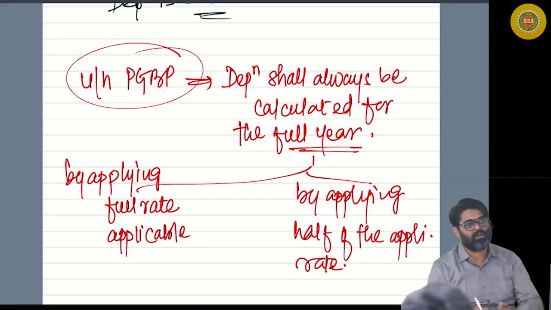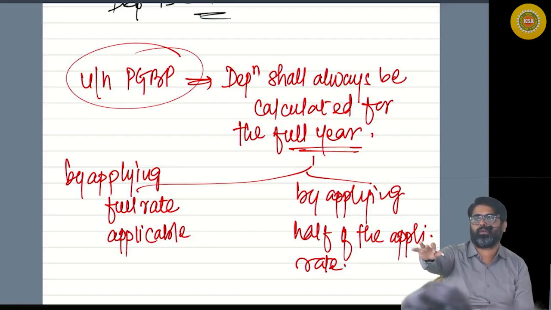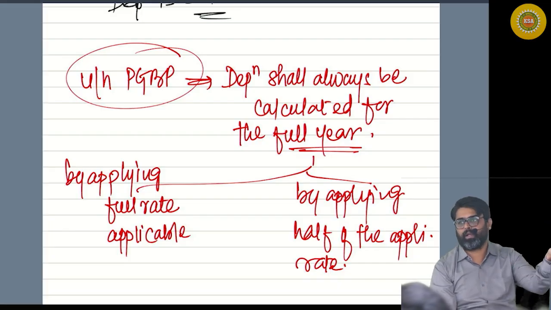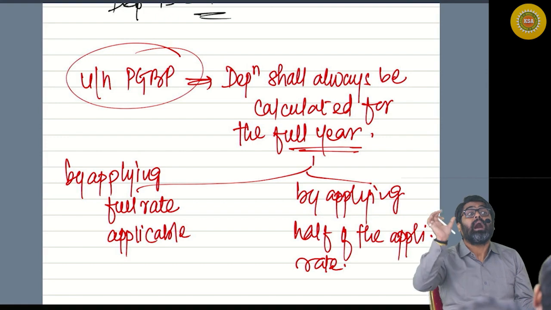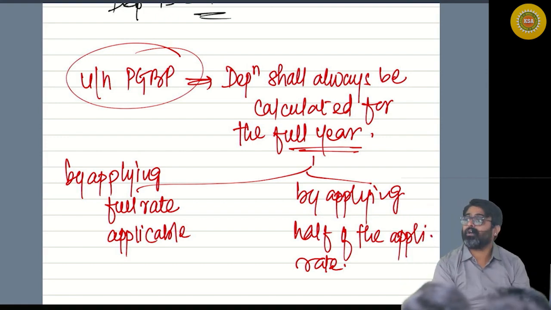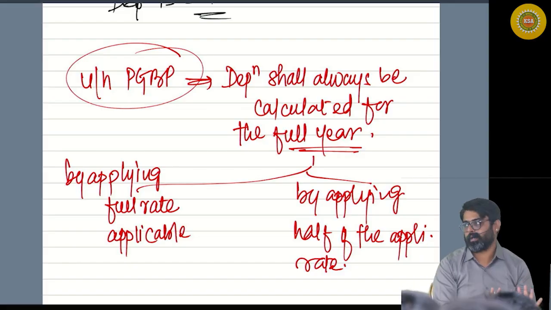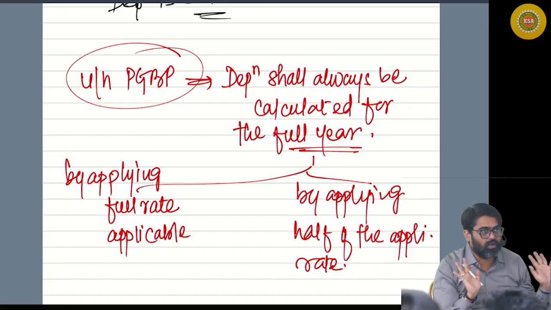That does not happen. Depreciation will always be calculated for full year, either by applying the full rate which is applicable, or by applying half of that applicable rate. So always the depreciation for full year at full rate.